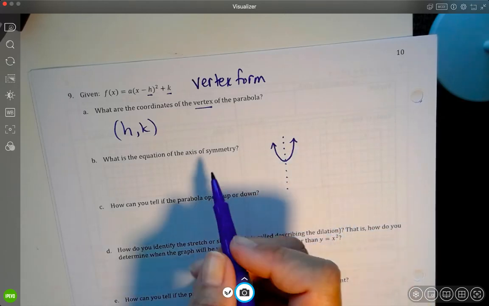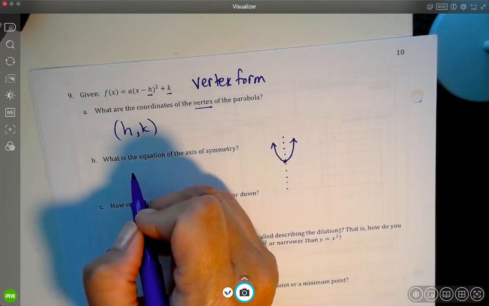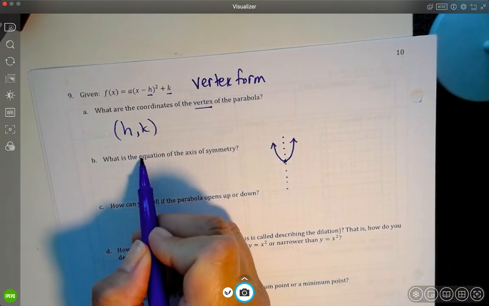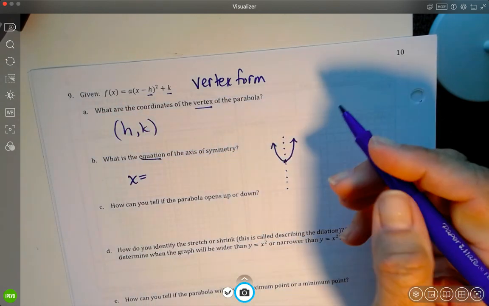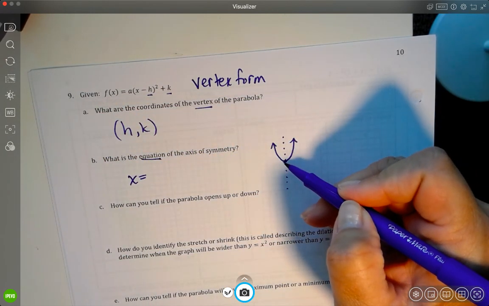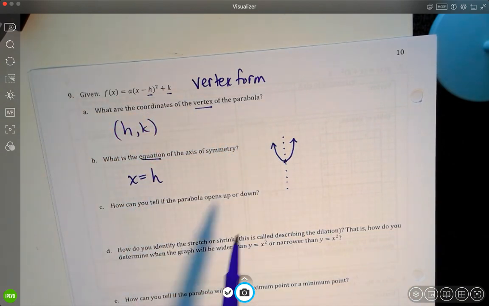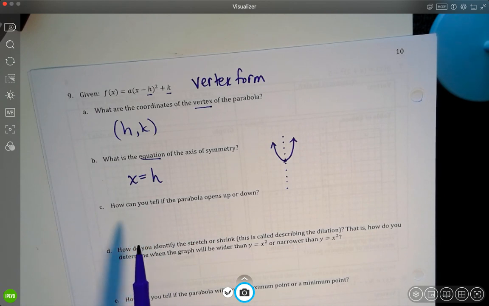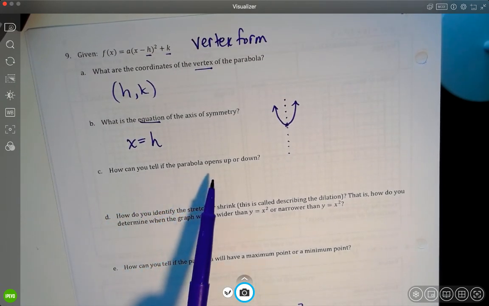So the axis of symmetry, since it goes through the vertex, is going to be, okay, this is an equation of the axis of symmetry. And you know a vertical line is x equals, and it's going to be x equals whatever the x value of the vertex is. So in this case, x equals h. And this will make a little bit more sense when we practice it with numbers. I would write these down.